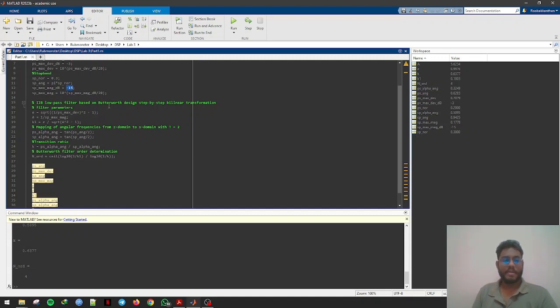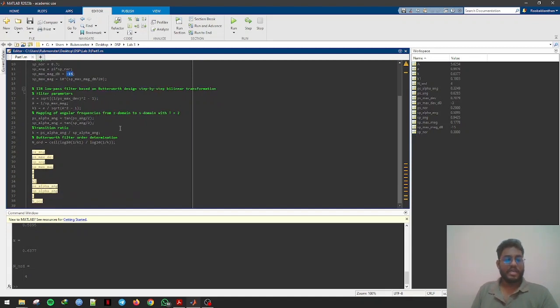Calculating the frequency mapping, PS alpha angle: the frequency mapping is calculated using the tan function for the pass band and stop band angles. This enables mapping the angular frequency from the Z domain, or digital domain, to the S domain, which is the continuous domain, using a scalar factor T equal to 2.